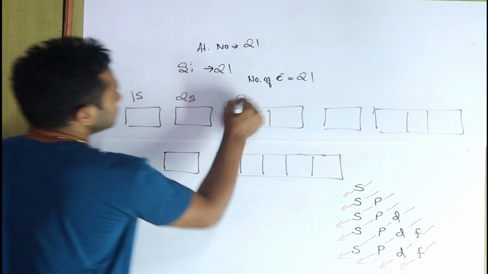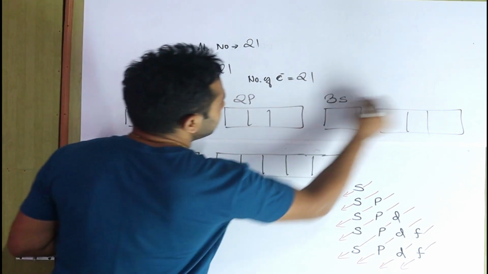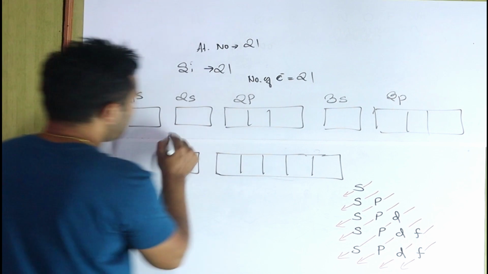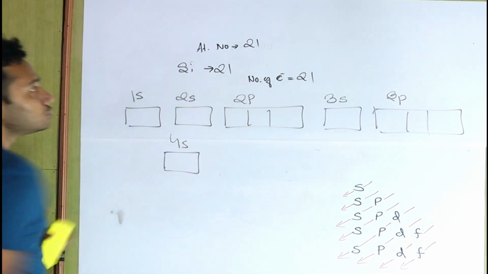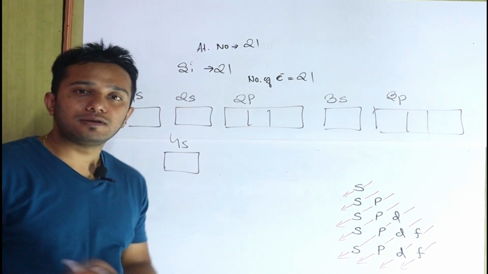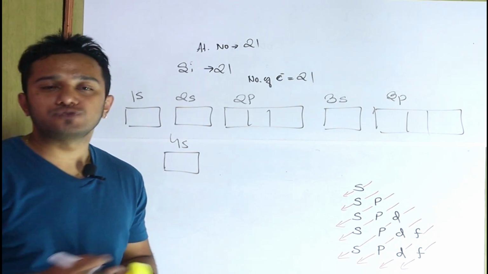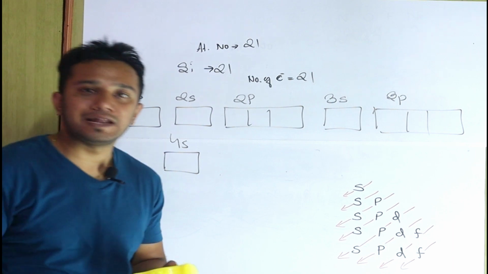So let me not draw this one first. So scandium atomic number is 21, and there are 21 electrons.